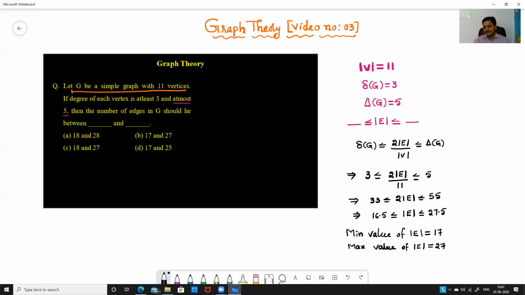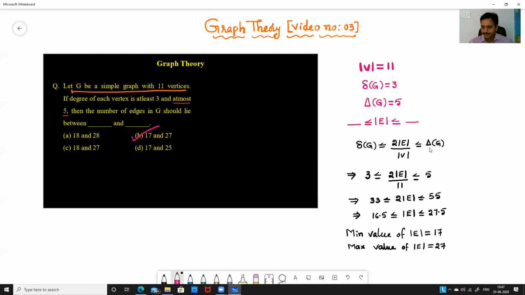So the minimum value is 17 and the maximum value is 27. The correct answer for this question is B. So you can expect questions like this, where the problem is based on the minimum degree and maximum degree of vertices. I hope you understood this problem.